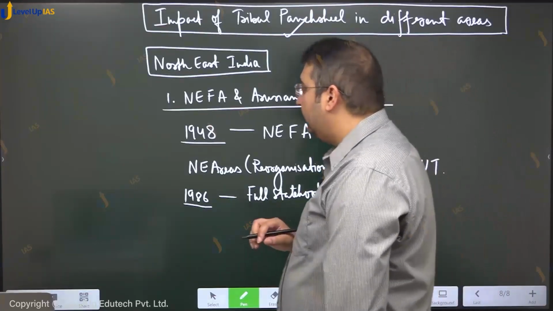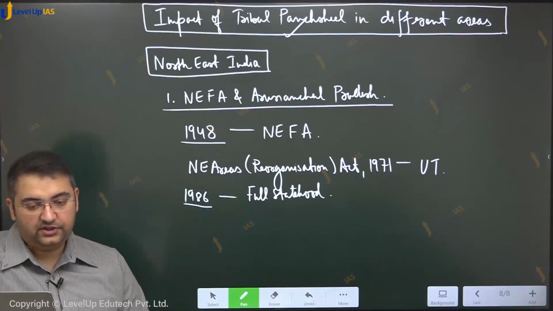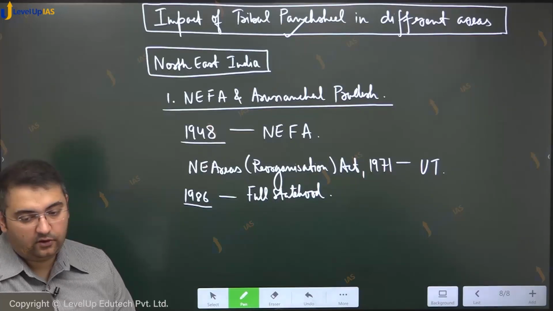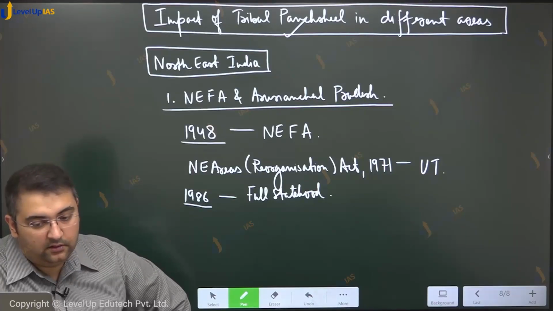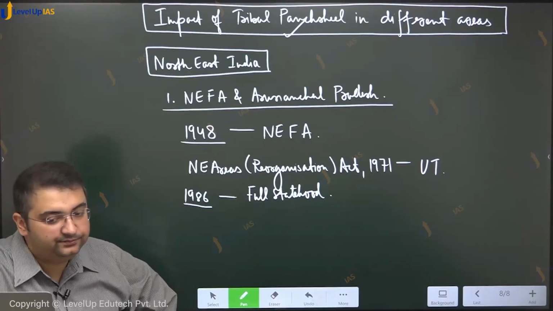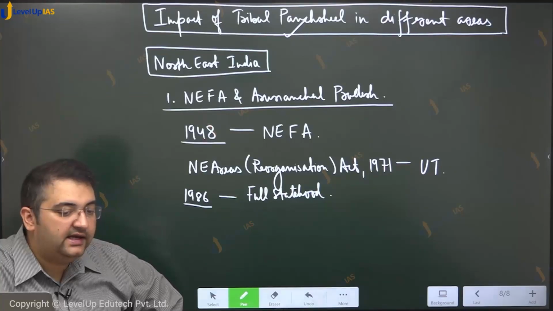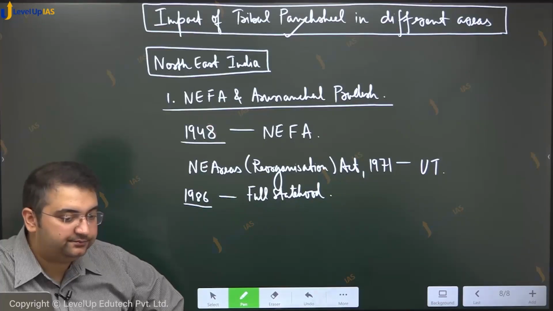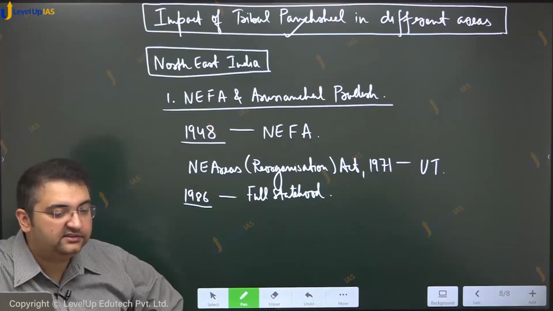So, in accordance with the principles of tribal Panchsheel, the Northeast Frontier Agency was created in 1948 out of the Assam division.